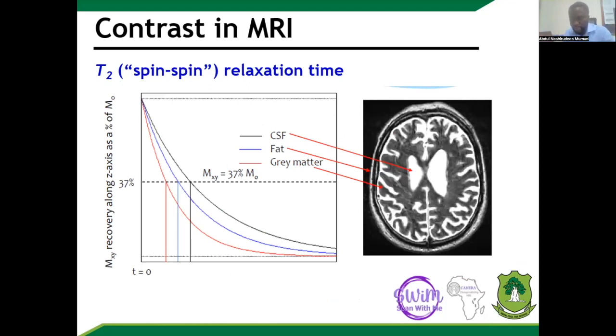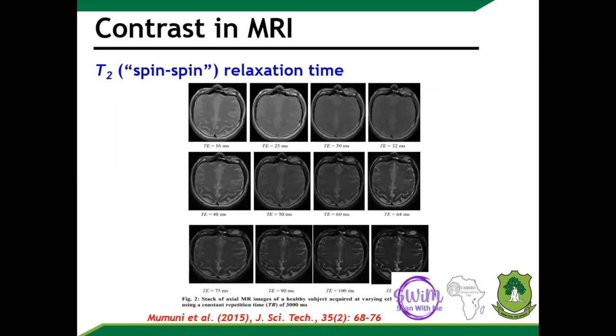So when you apply T2 relaxation effect in imaging, fluids appear brighter, because at the time you collect the signal, most of the spins in fluids will still be coherent. And the more coherent they are, the brighter the effect in the image. So this is the effect of varying echo times while keeping TR fixed in imaging to measure T2.